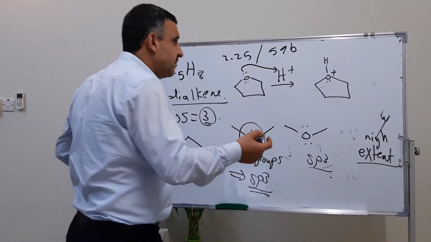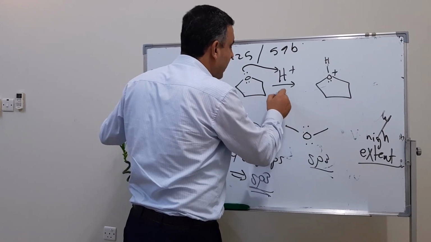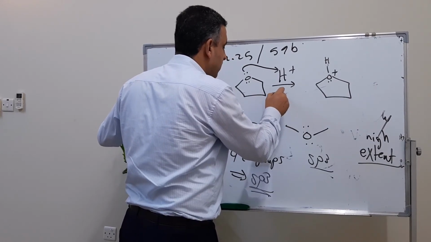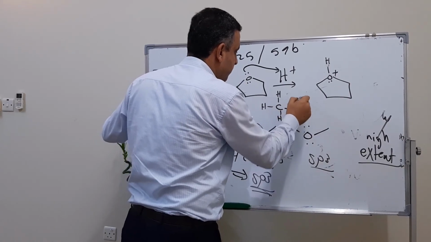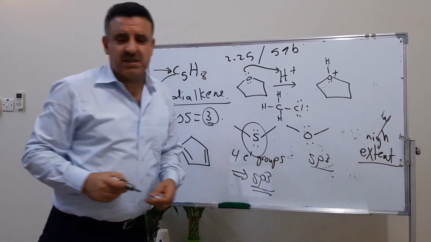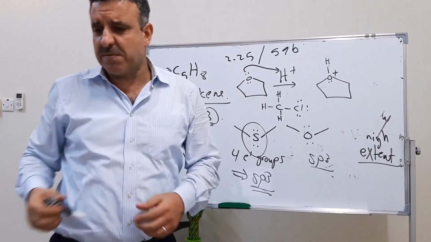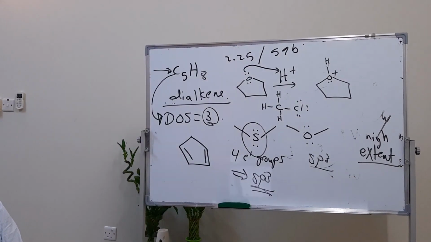For example, what's the hybridization of all atoms in here? What's the hybridization of the chlorine atom in this compound?